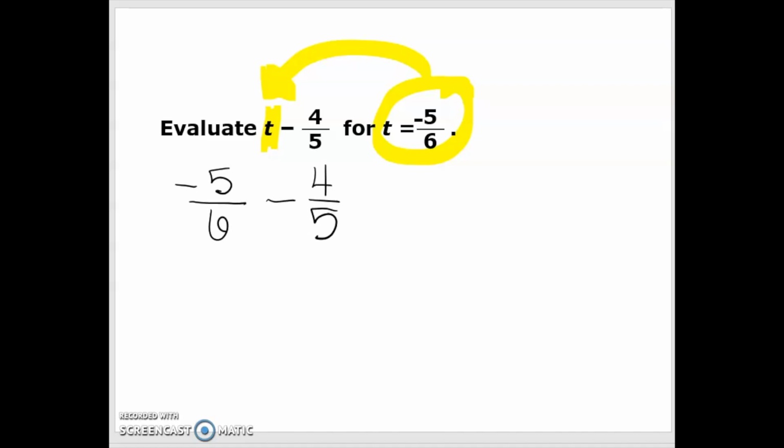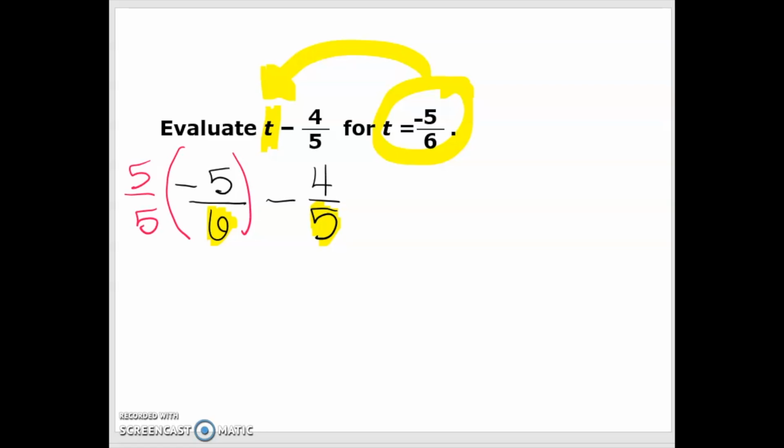4/5. Okay. So before I do anything, I'm going to focus on common denominators. So 6 and 5, I'm going to find a common denominator by multiplying 6 times 5. So I'm going to start with my first fraction. I have a 6, so I'm going to multiply it by 5.